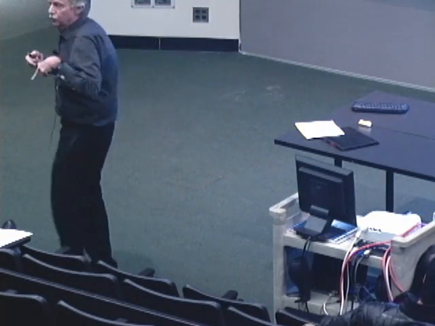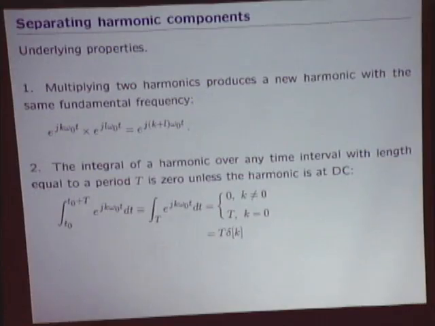So the answer of the integral, the average value over that period, is 0. The only time you'll ever get something that's non-zero is if k were 0. If k were 0, if it were DC, then e to the 0 is 1. The integral of 1 over a period, regardless of what period you pick, is capital T.